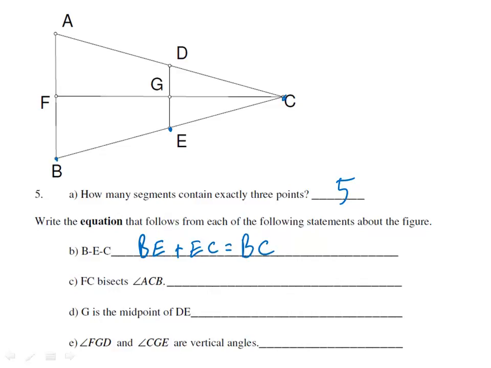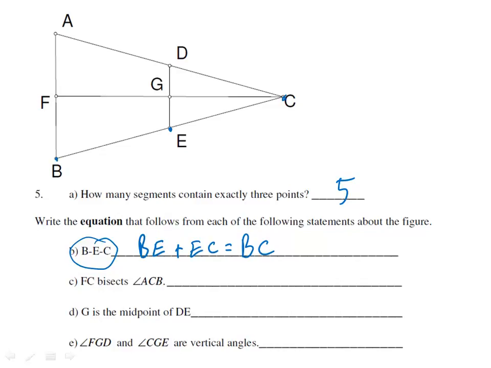This is no place to get creative. That is the only way you can respond. This is the betweenness of points theorem here. And when you see that E is between B and C, you always respond BE plus EC equals BC.